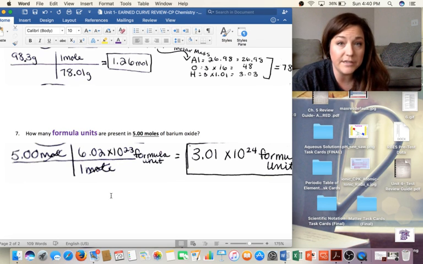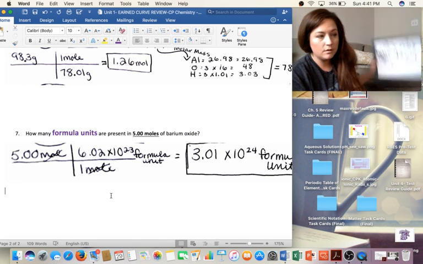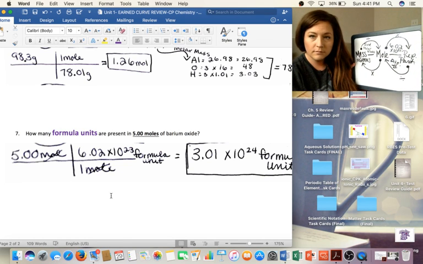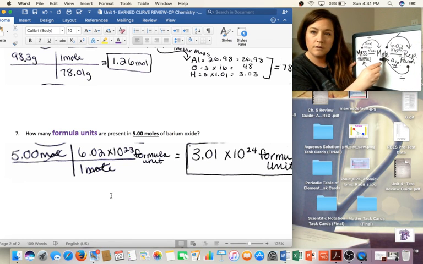I do need to know my Avogadro's number. Avogadro's number is 6.02 times 10 to the 23rd power. So, anytime I leave a mole, I end up multiplying.